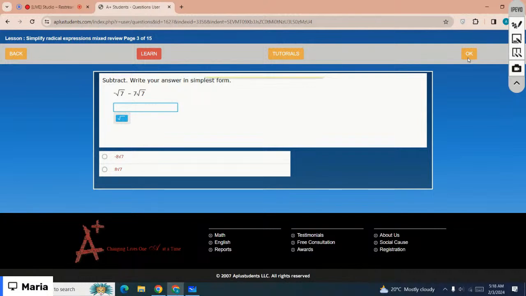The correct option is, yes, negative 8 square root 7. Option number 1 is the correct option. That is negative 8 square root 7.